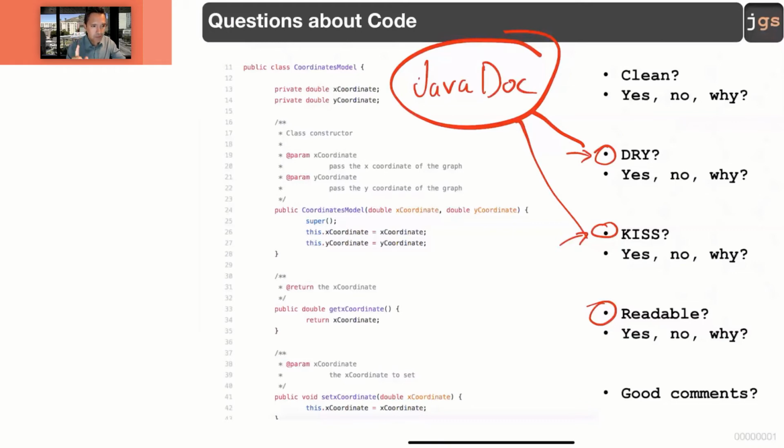The Javadoc comments are not for the developer, right? The Javadoc comments are not there to explain to you as a developer what the method is doing or what the class is doing.